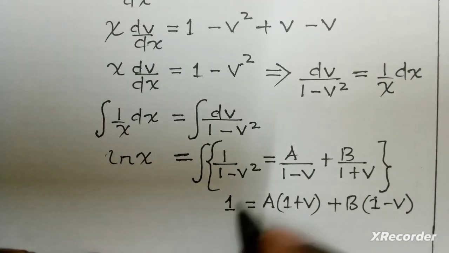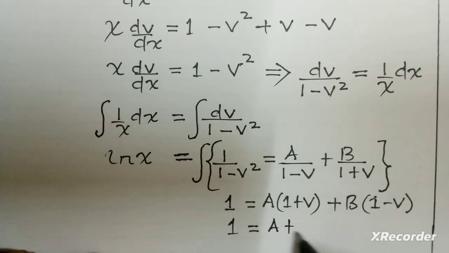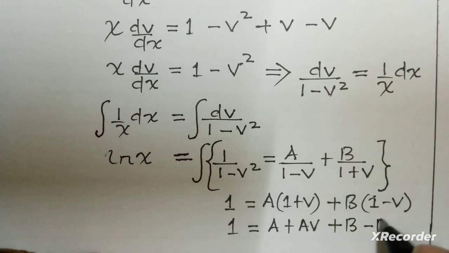So that now 1 is going to be equal to a plus av plus b minus bv.